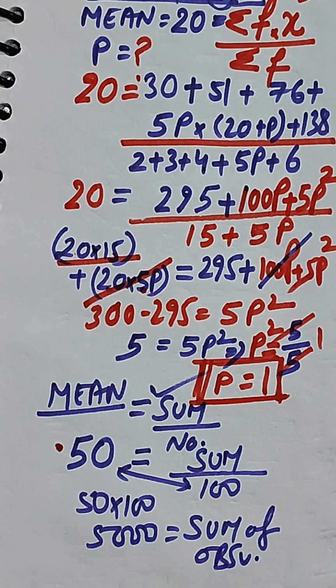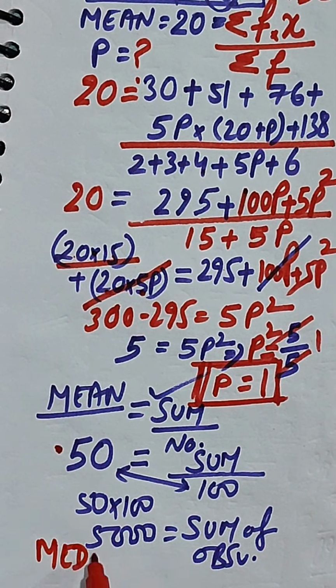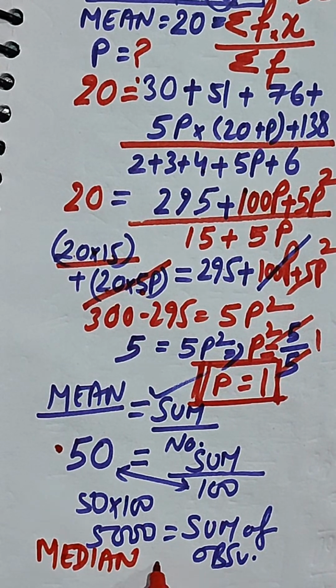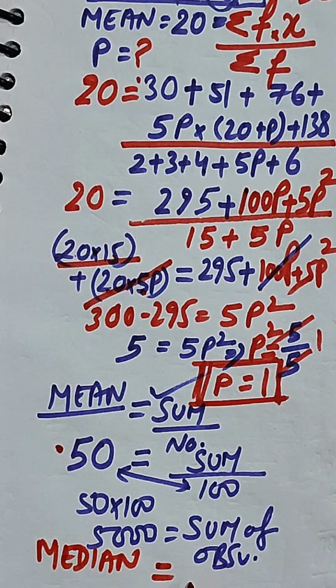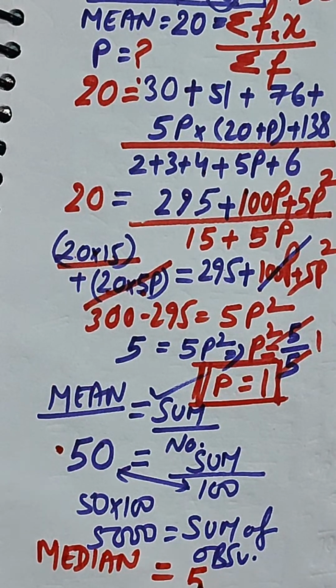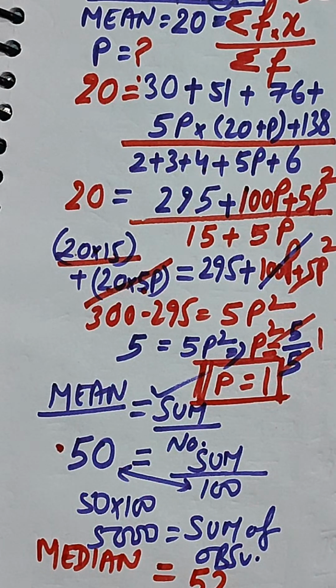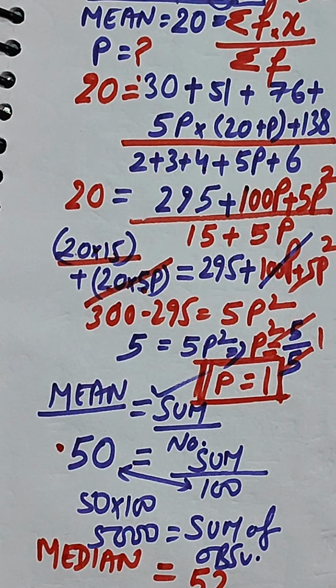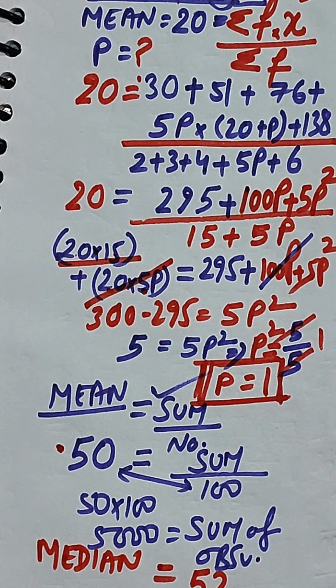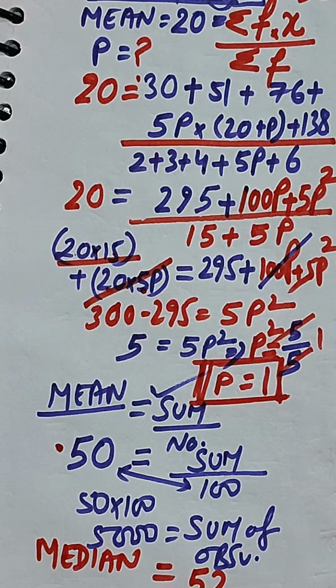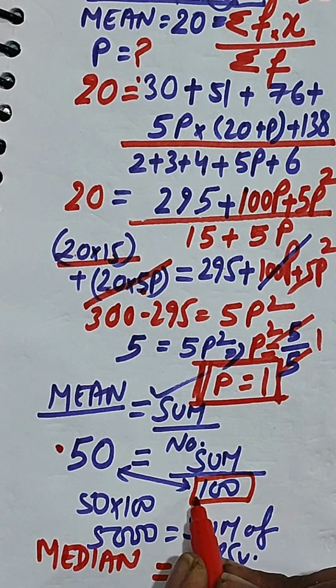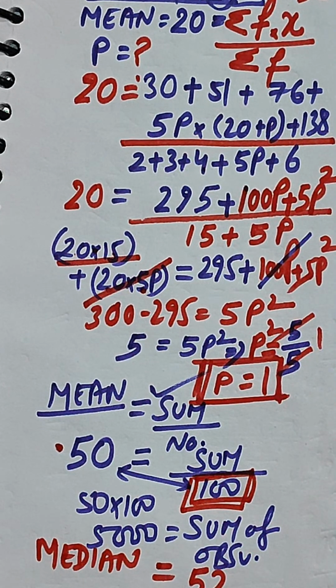The median of 100 observations is 52, and the median is calculated differently if the data is even, because the number of observations is 100 over here.